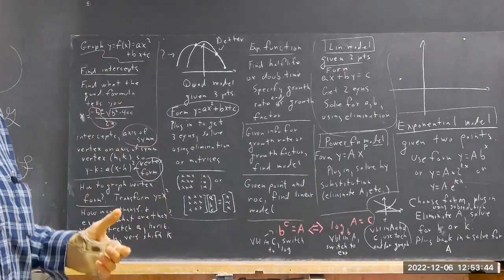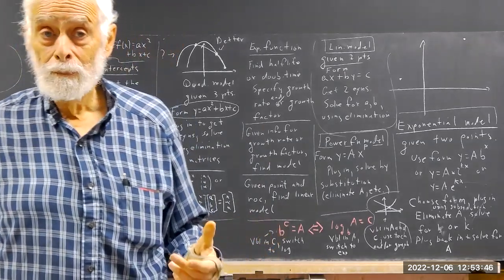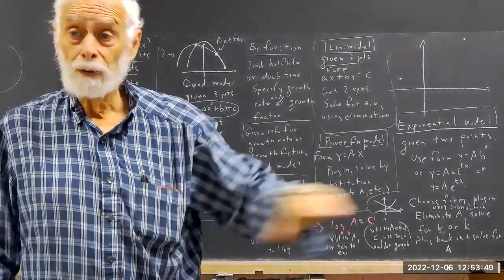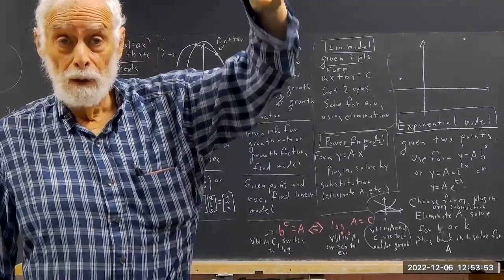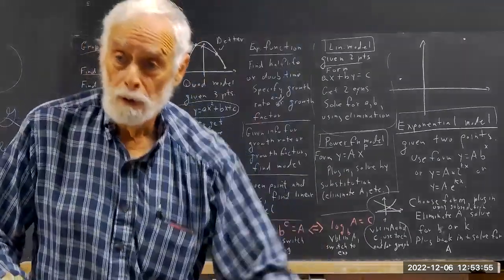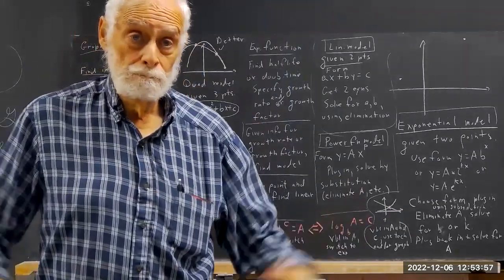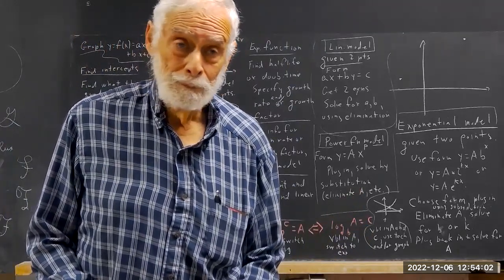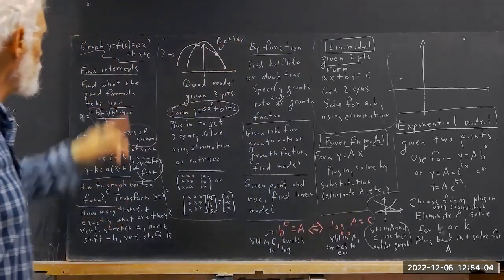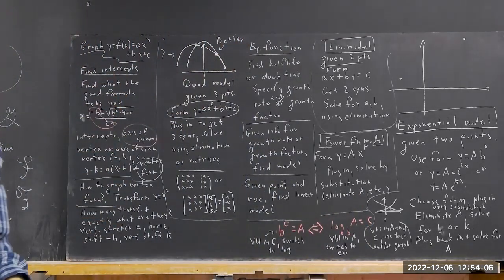That's not necessarily enough when you're doing a quadratic function. You're going to have a y-intercept. You don't necessarily have x-intercepts. The graph of a parabola could lie completely above the x-axis or completely below, in which case it doesn't have any x-intercepts. Well, how do you find the intercepts of a quadratic function?